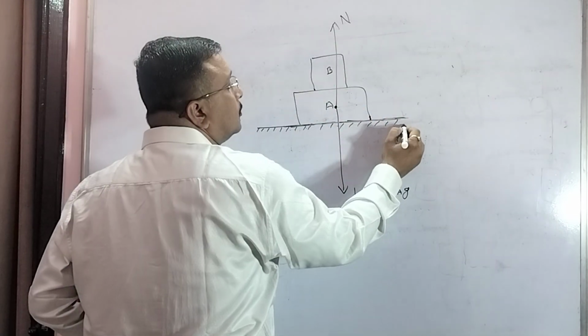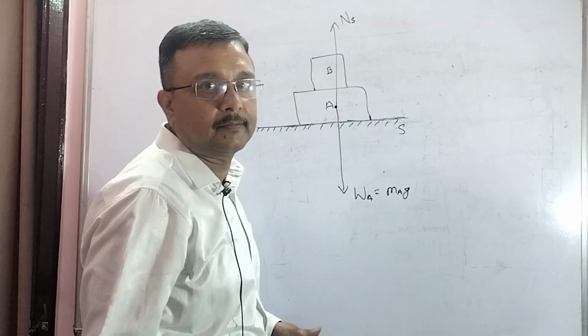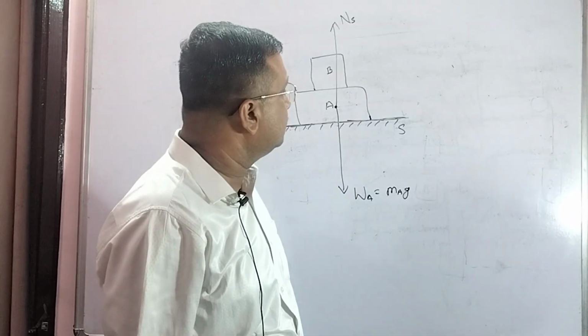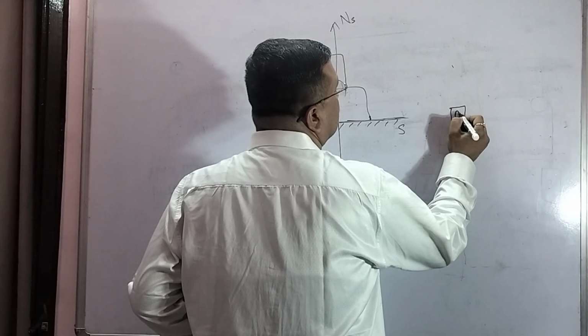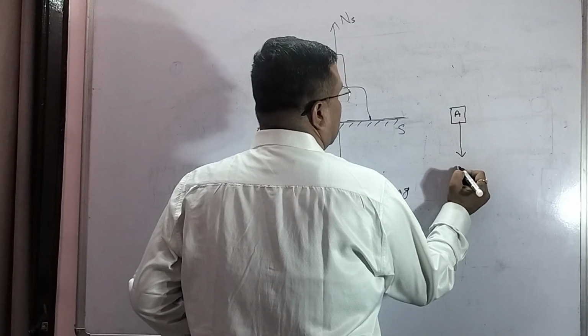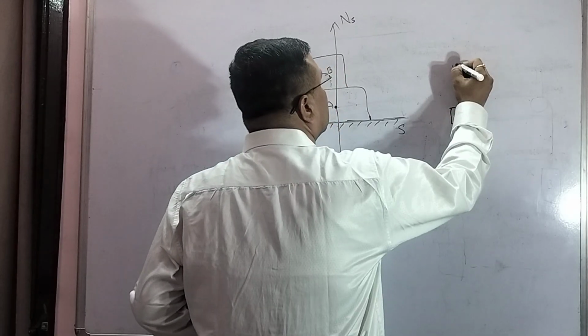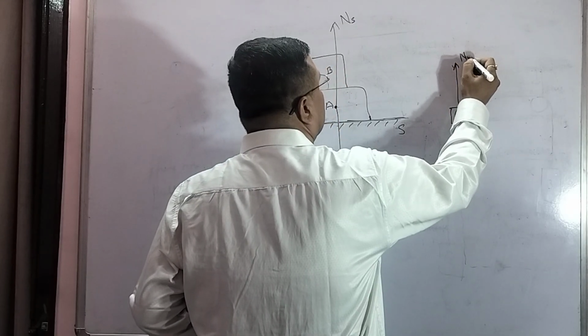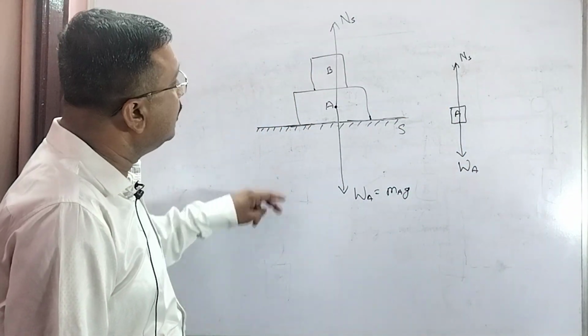This is due to, suppose S, so this is due to the surface, N_S. Correct. So if we draw A here, weight of A will be in downward direction and force of normal N_S will be in upward direction. Correct.